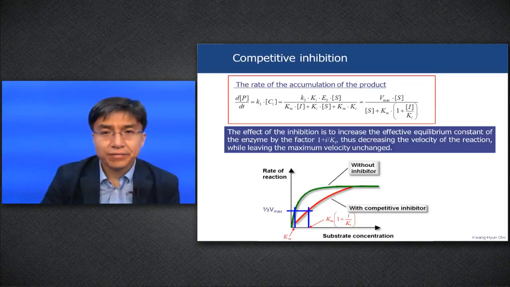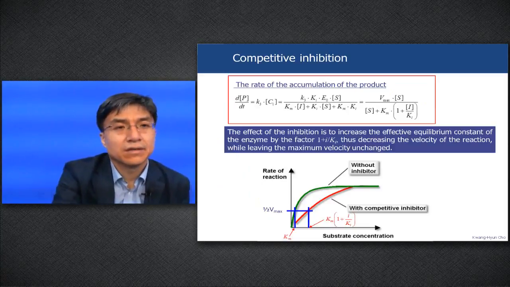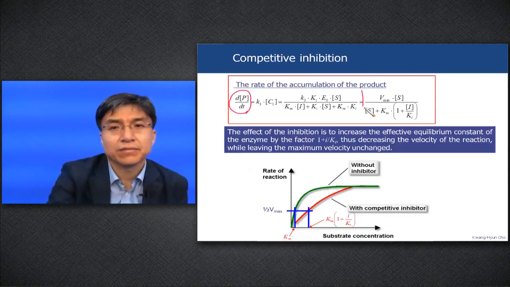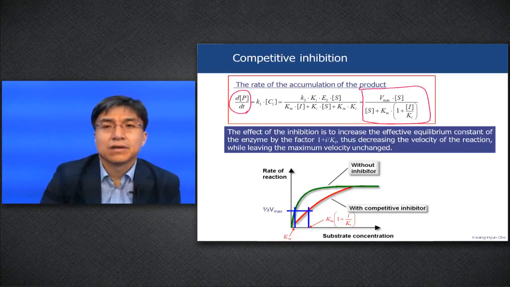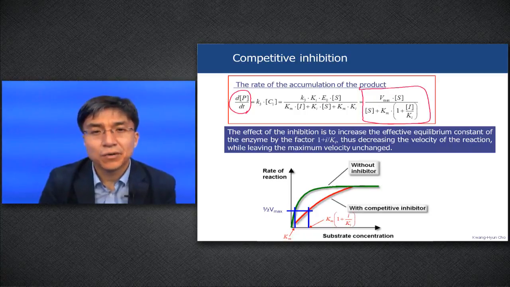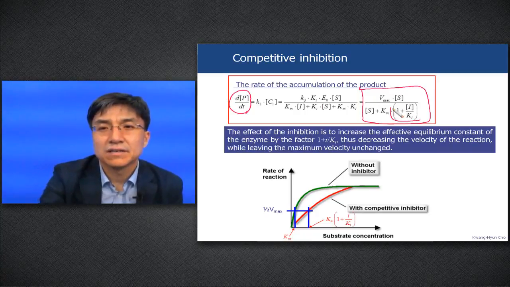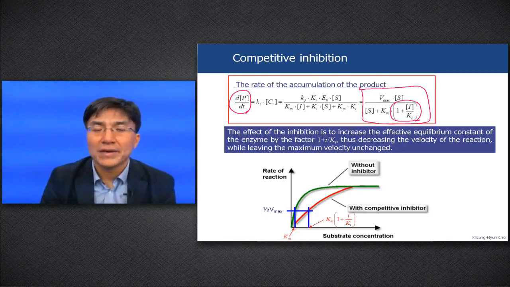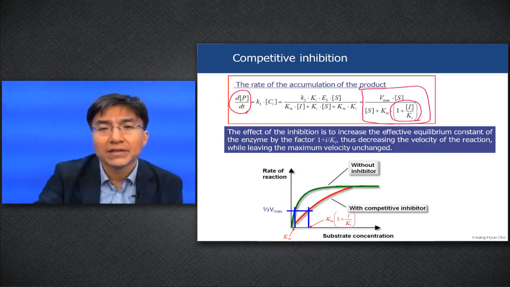So if we look at the rate of change of the final product, then we have this one. Oh, this is very similar to the previous Michaelis-Menten equation. The only difference is here. So if this is just 1, then it is exactly the same as the Michaelis-Menten equation. Here the only difference is caused by this inhibitor term.